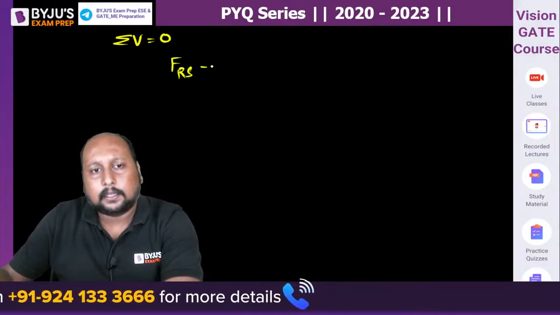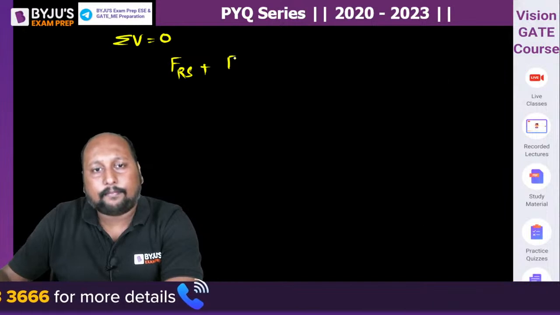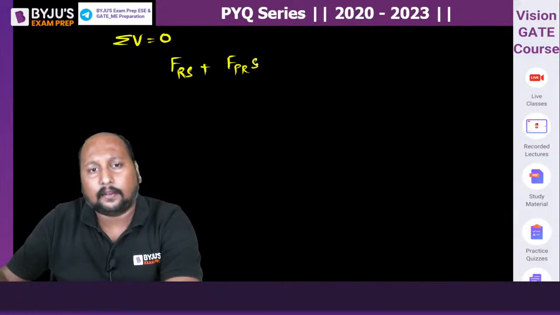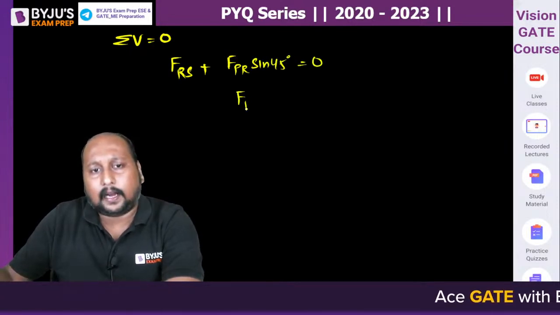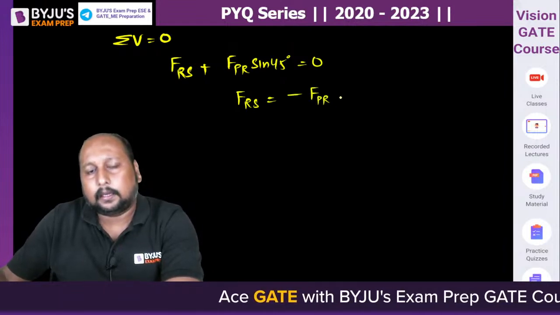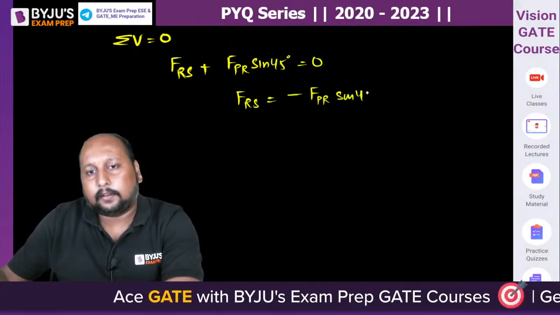Can we say total vertical force equals 0? So FRS plus FPR sine 45 equals 0. So FRS is equal to minus FPR sine 45.